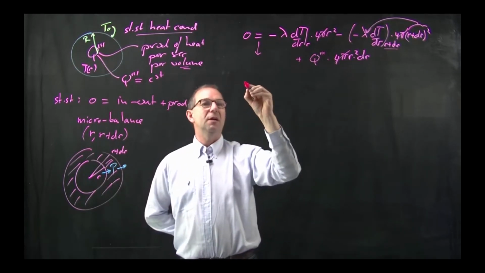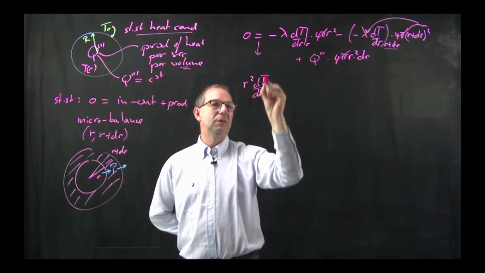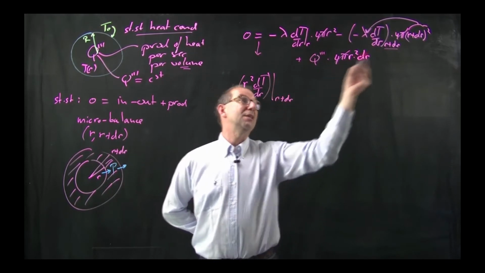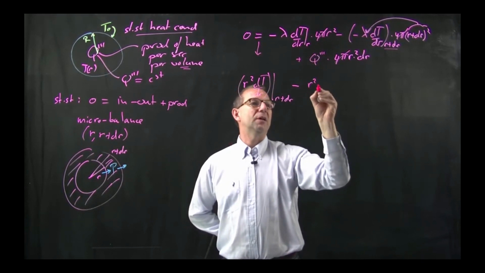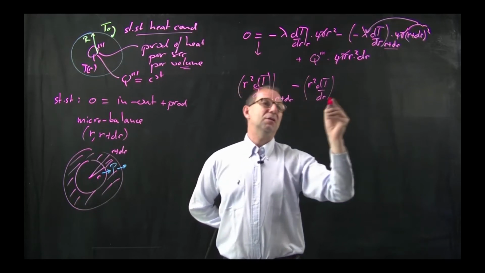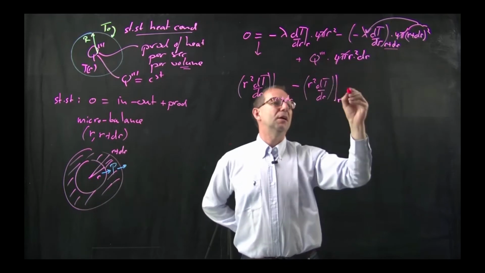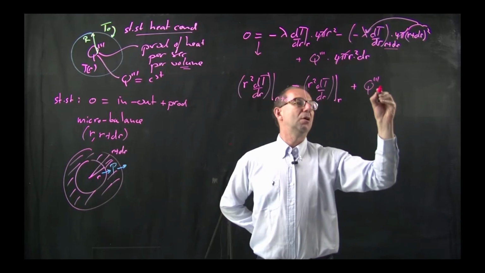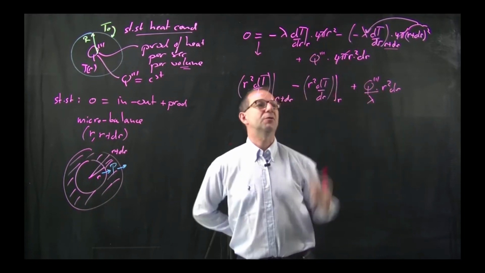If I do that, I get r squared dT/dr at position r plus dr, that is this term, minus that term, and that is r squared dT/dr, so the same function in essence, taken at position r, and there is a production term which is now Q triple r squared dr, and I shouldn't forget to divide by lambda, so I've taken that out there.